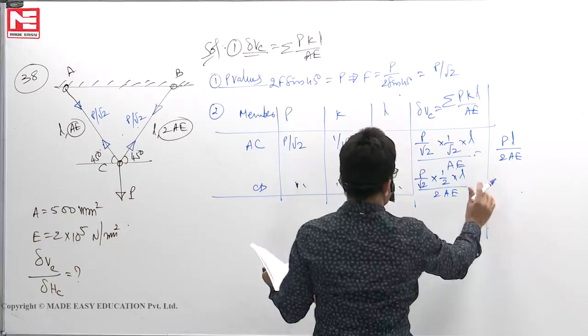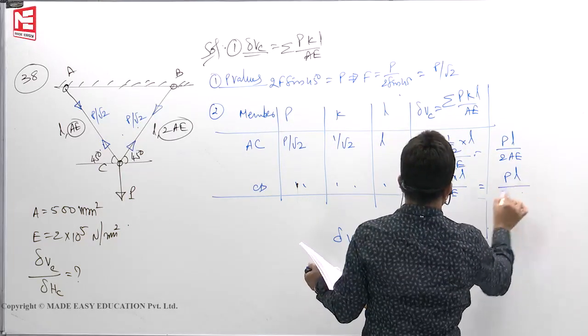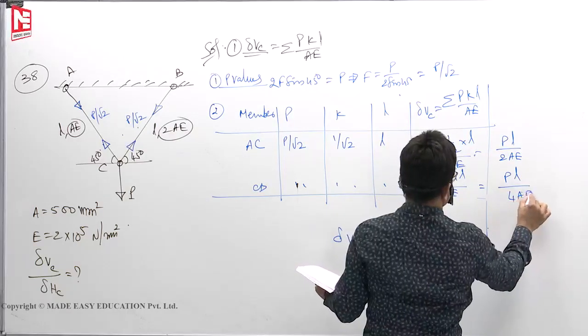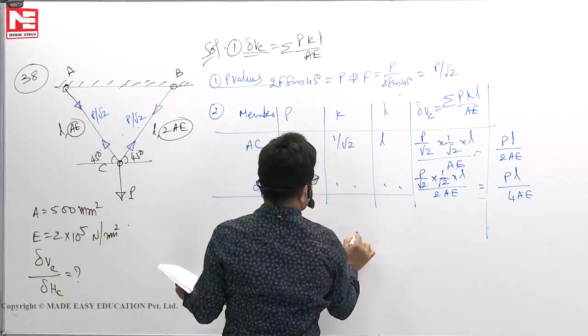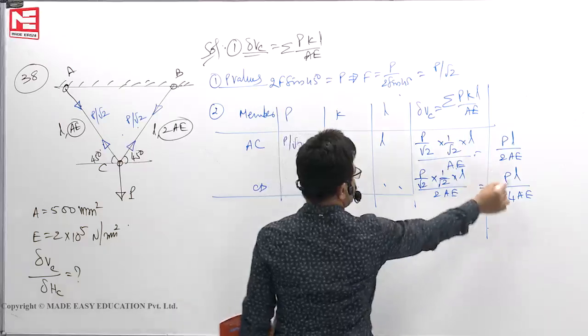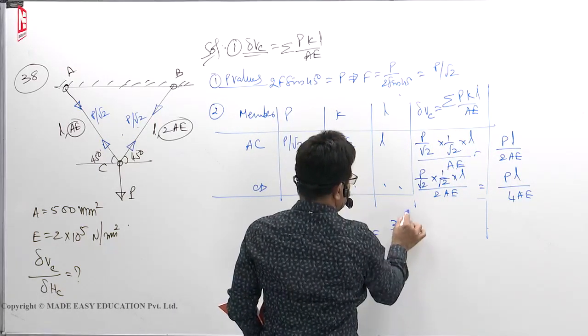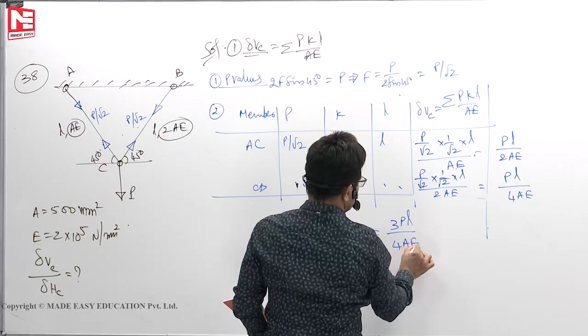So you will get this value as PL by 4AE. So delta vertical deflection of C is PL by 2AE plus PL by 4AE; 4 common, 2 plus 1, 3PL by 4AE.